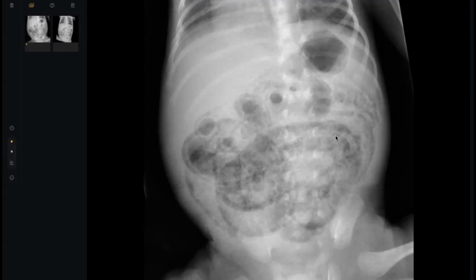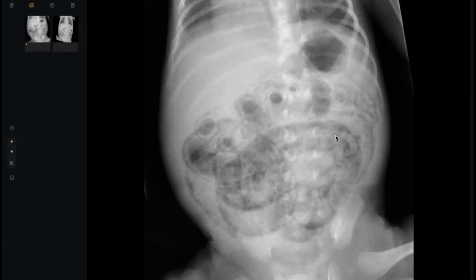What else? Sir, I cannot appreciate any other abnormality. I would convey my findings to the referring physician. Next, ultrasound correlation.